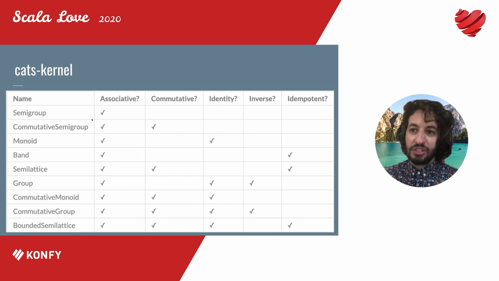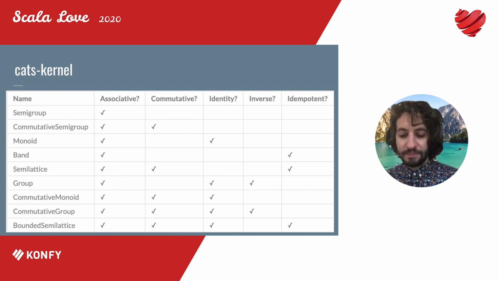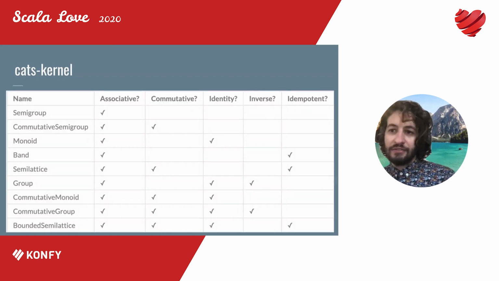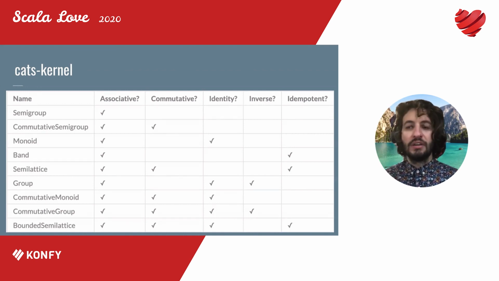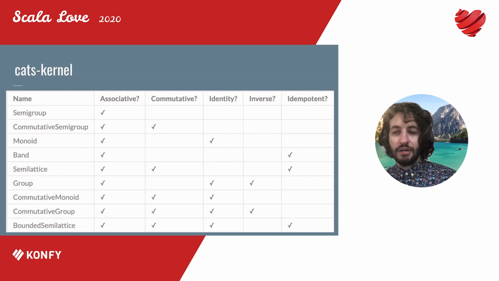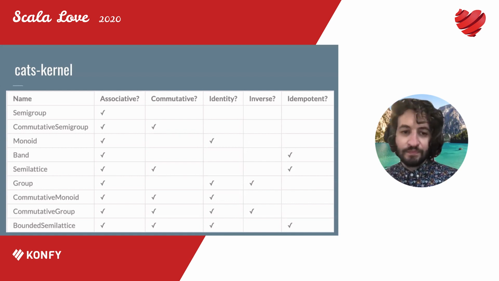So semigroup is just like monoid, but it doesn't have this empty function, which means it doesn't have an identity. And yeah, so what we're going to do is look at some of these structures to see what they are and how these laws look and what kind of instances we could find in Scala or in programming in general.